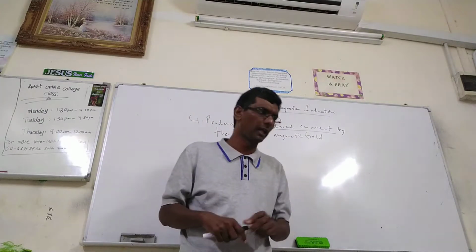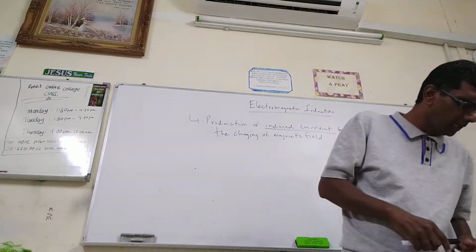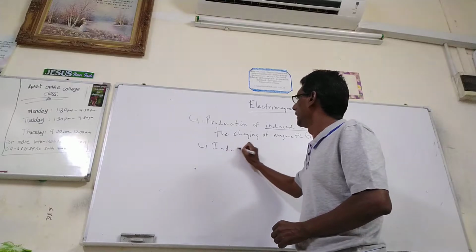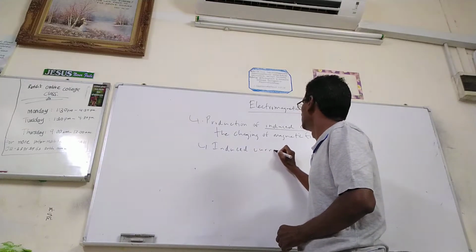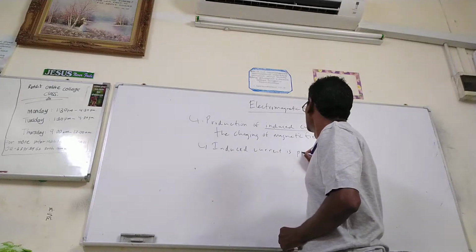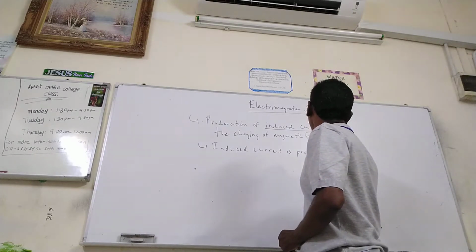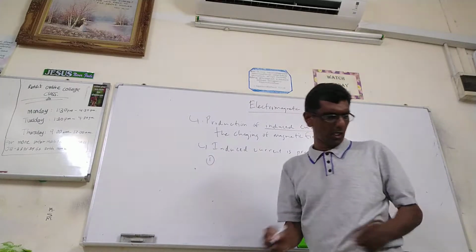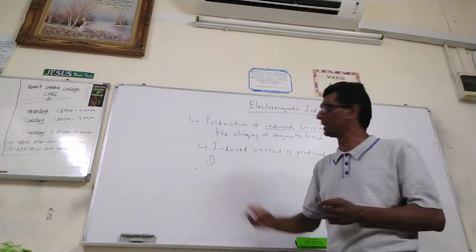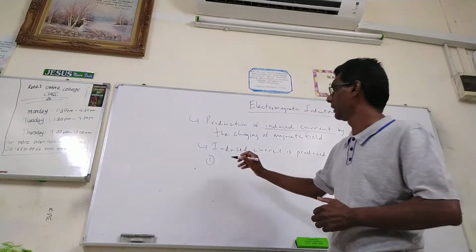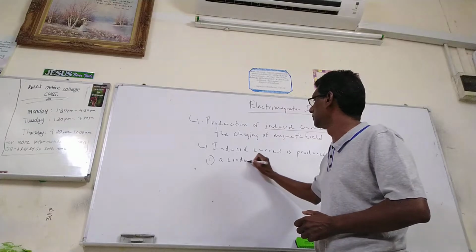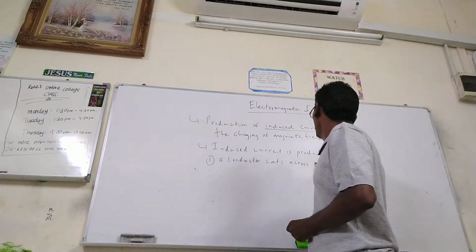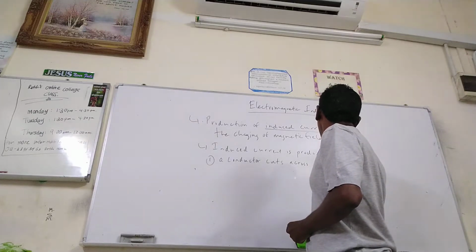Okay, and induced current is produced when? Number one, when a conductor cuts across the magnetic field, the magnetic flux.